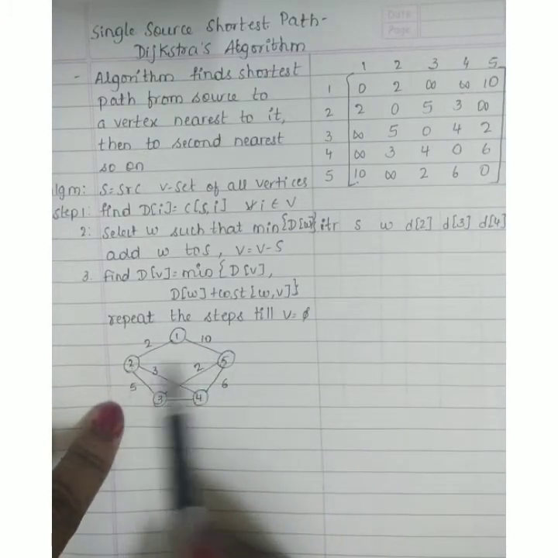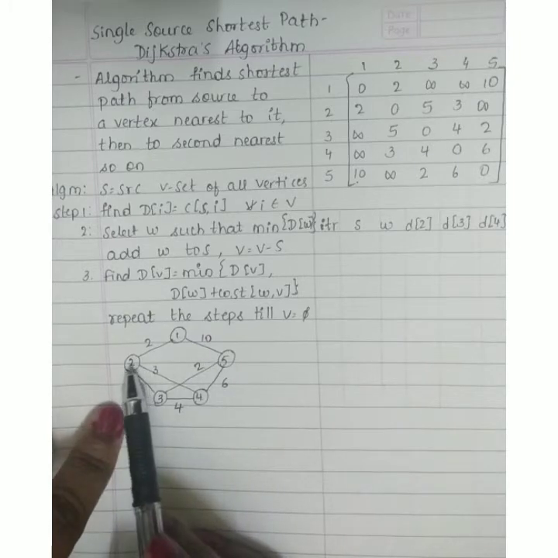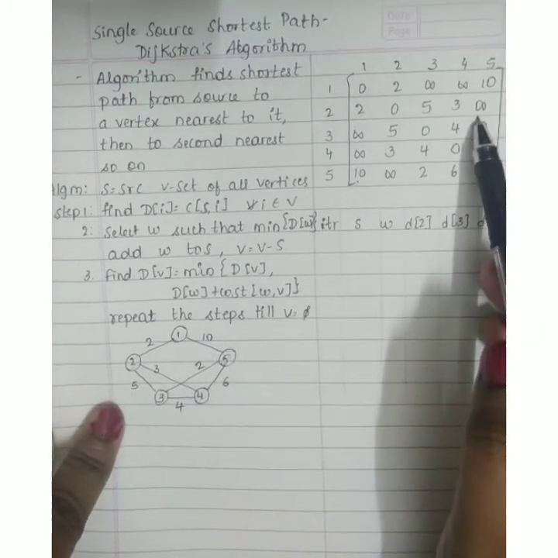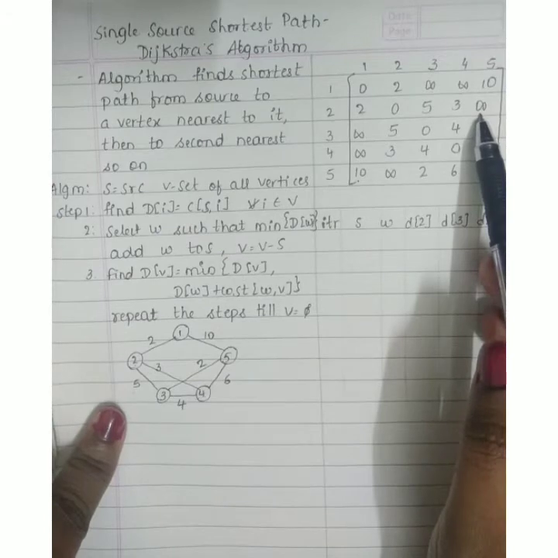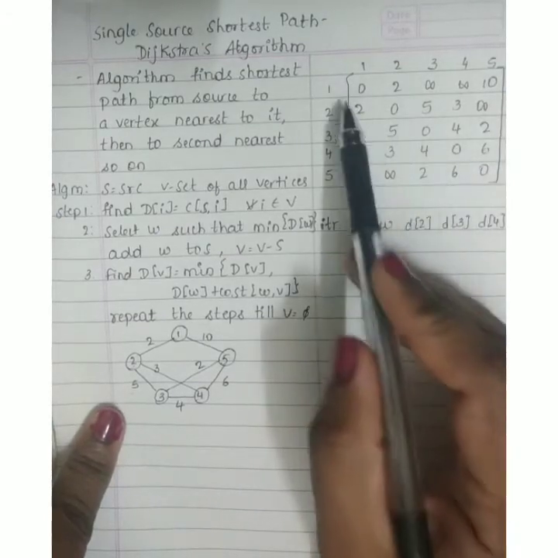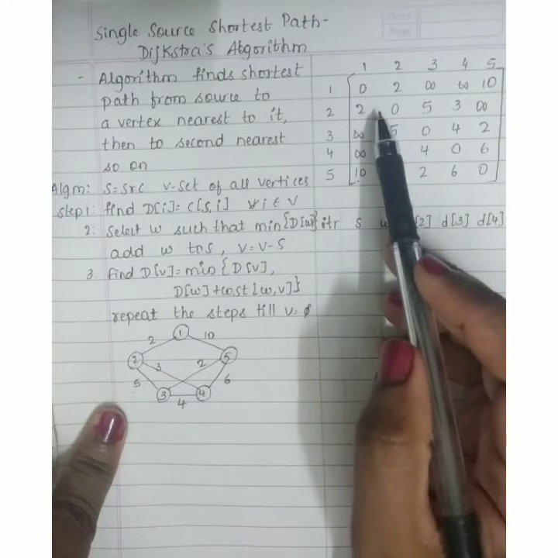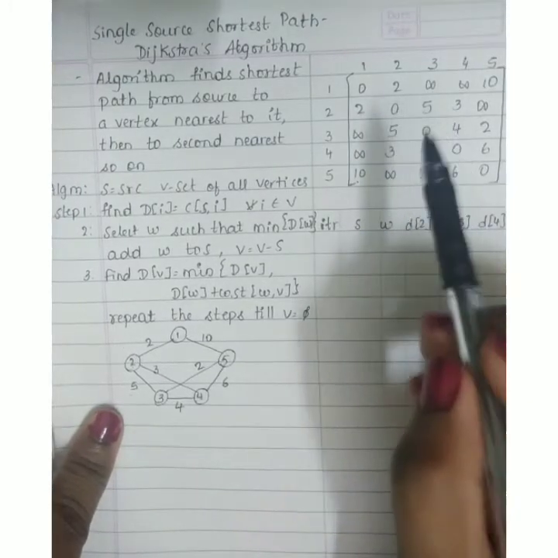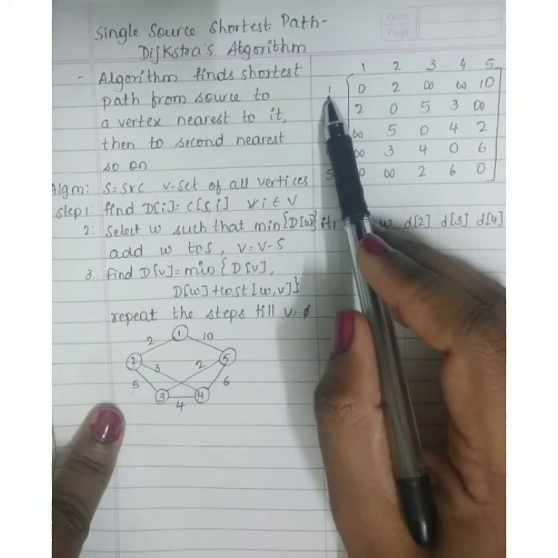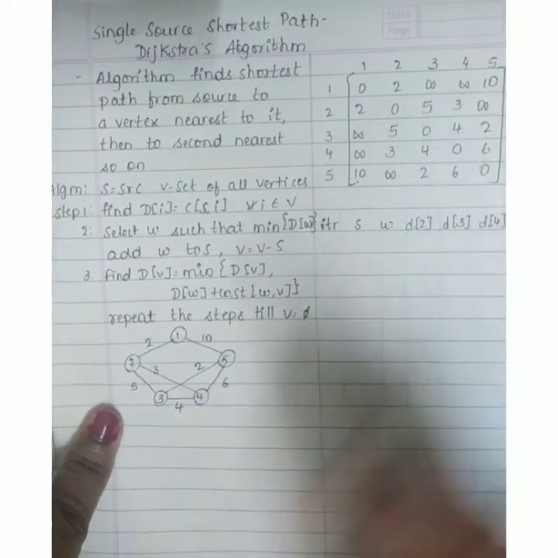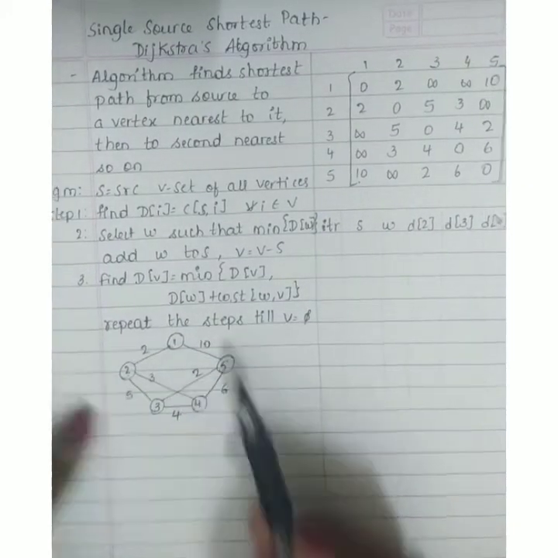And from 2 to 5, there is no direct edge connecting 2 and 5, therefore the distance is indicated as infinity. In this way, we'll be writing the cost adjacency matrix. The cost adjacency matrix will indicate the distance from any node to any other node in the given graph.